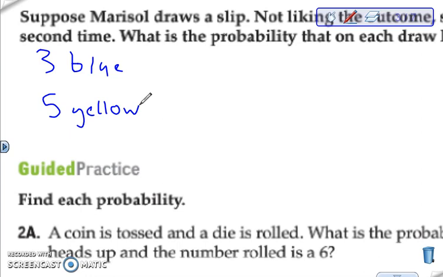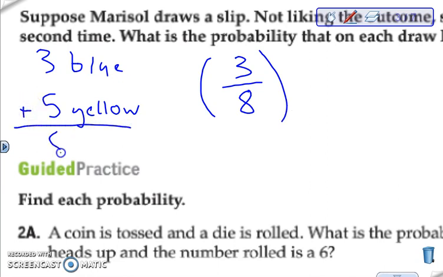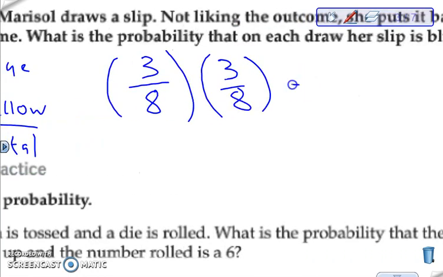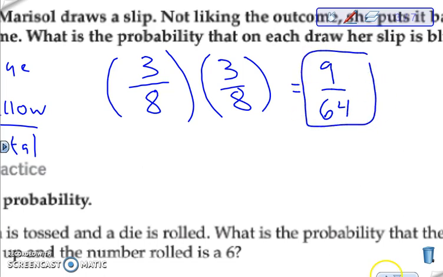So if she draws a slip out, the probability of getting blue is 3 over 8, because with 3 blue and 5 yellow, there are 8 total. If she puts the blue back and draws again, there's still 3 blue and 8 total. And so now all we're going to do is multiply this together. And that's our answer.